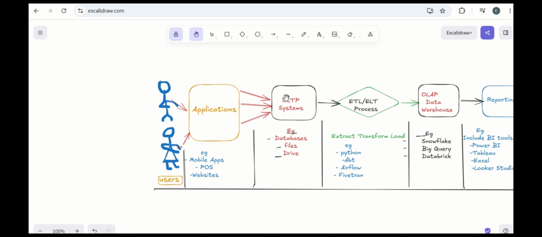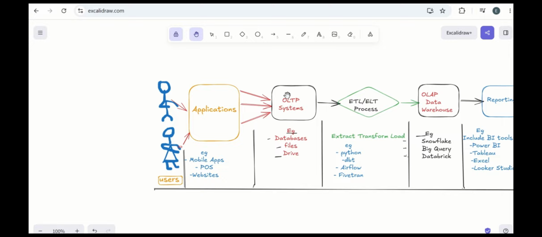Now let's start building a data model for the OLTP system. So let's assume you're a user of Jumia or maybe Amazon, and you go to their website or use the application, and place an order. This data will be stored in Amazon's or Jumia's storage system. These storage systems are what we call the OLTP system.